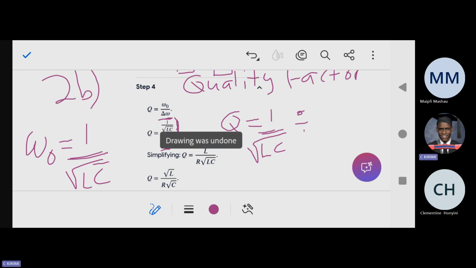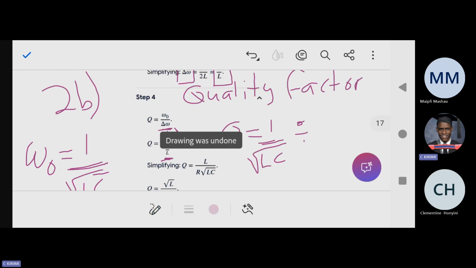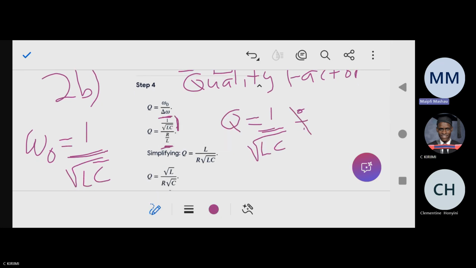Instead of dividing by R over L, we are now going to multiply by L over R.